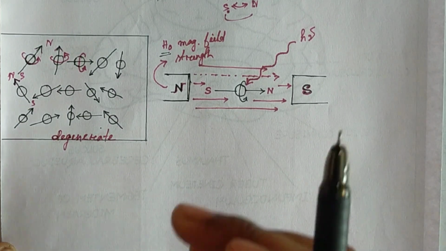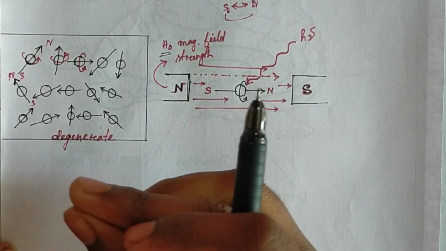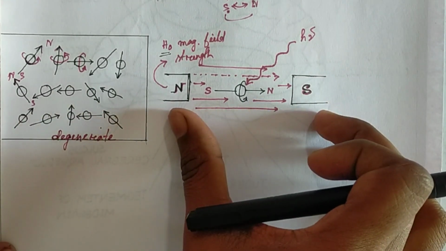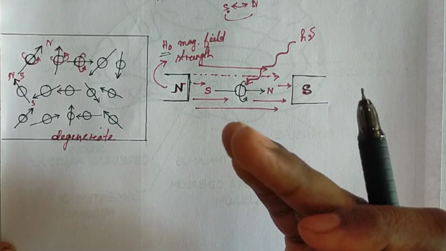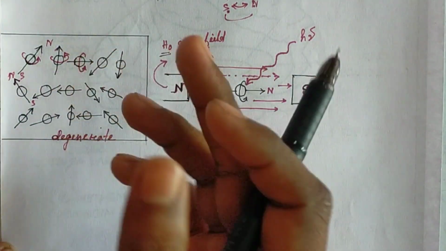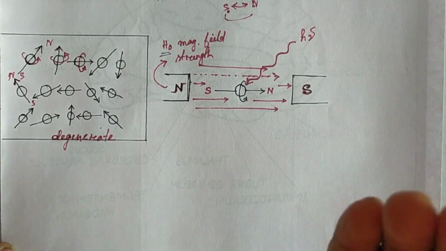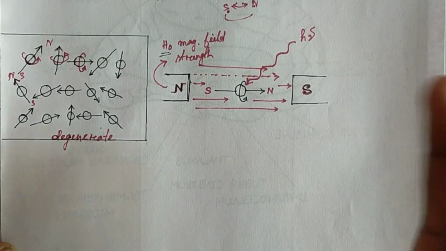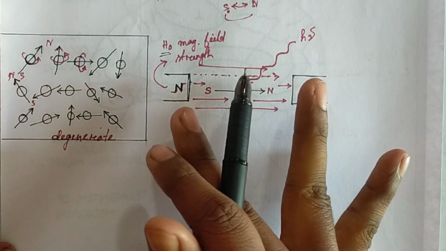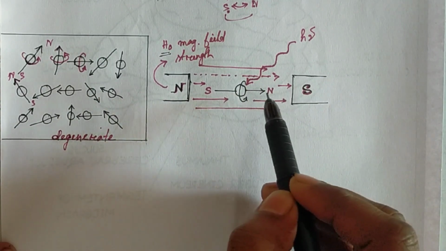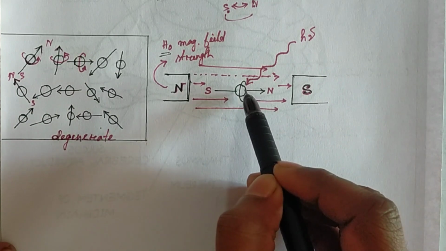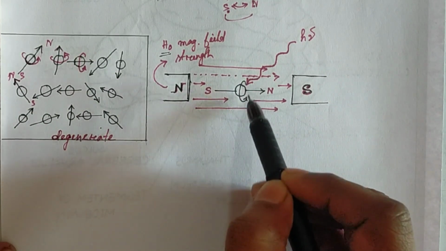Now when we bring one nucleus and put it in between these magnetic bars, before that the nucleus is orienting randomly in any direction. After putting it in between the magnetic bars, it will automatically orient itself in this direction, where the nucleus is spinning in this direction.